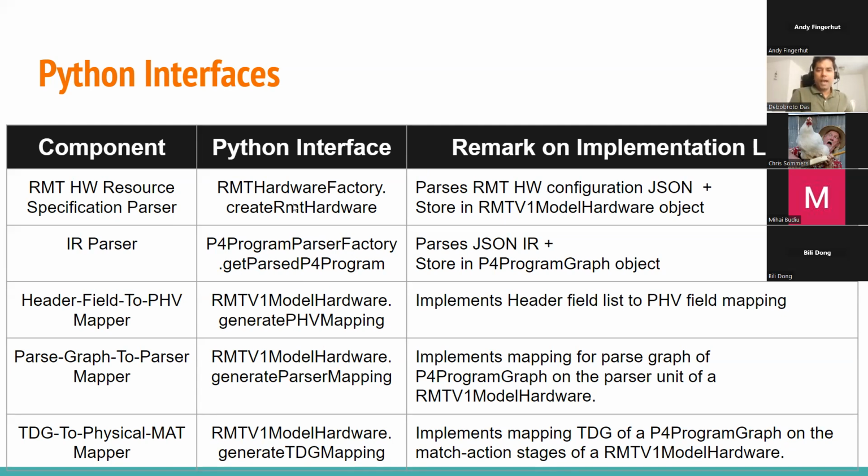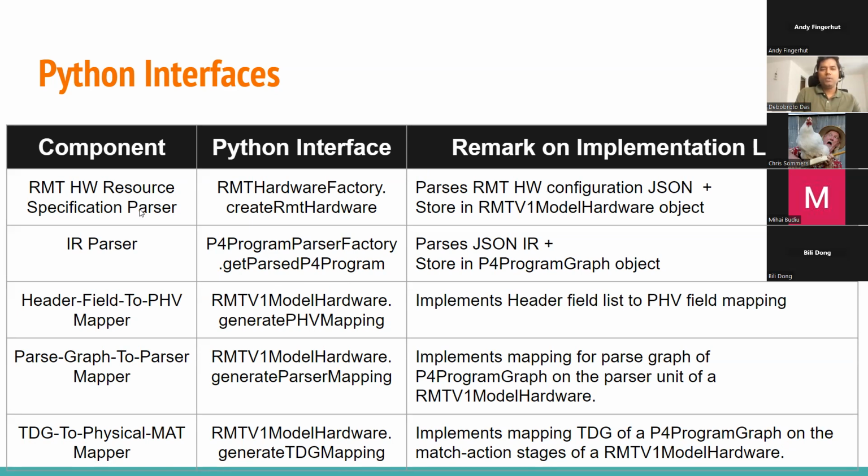So these are the 5 main interfaces you need to deal with if you want to extend the compiler backend. First of all, if you want to add some kind of new hardware specification or new kind of extern, you have to change the hardware specification.